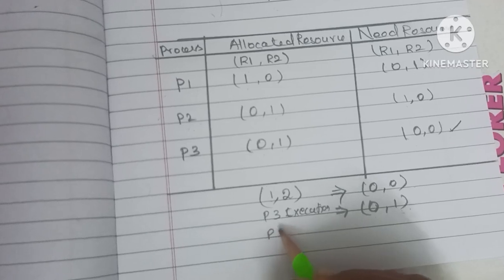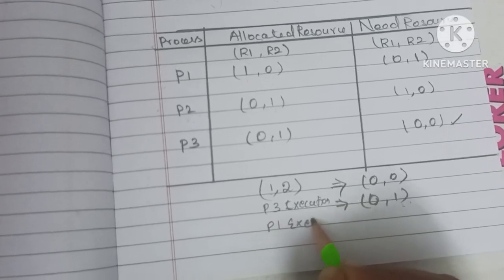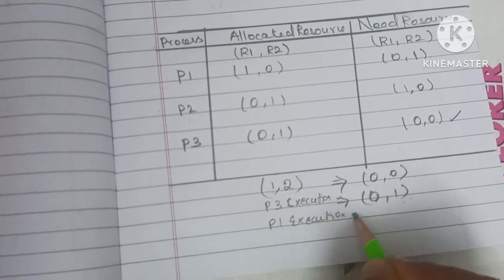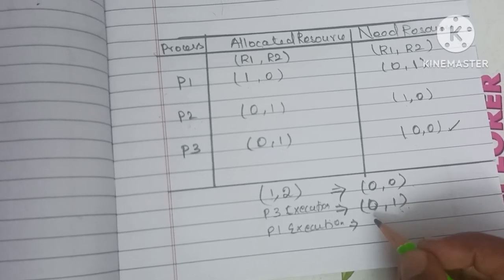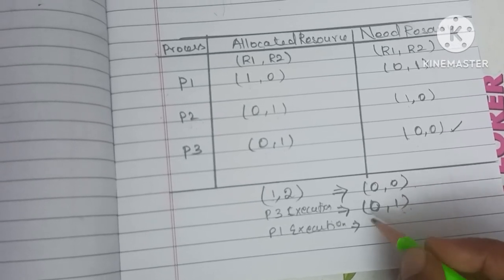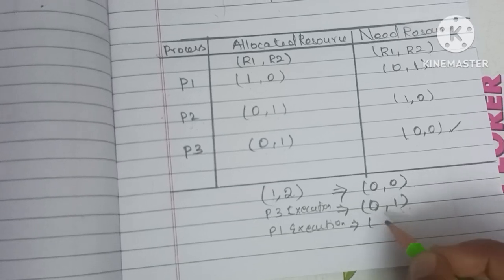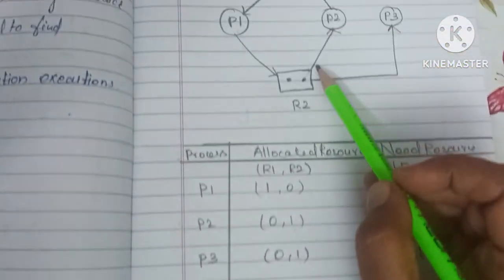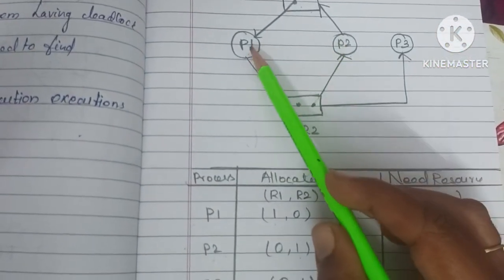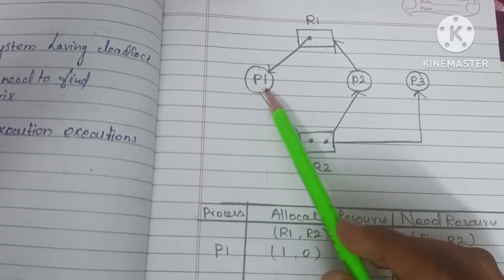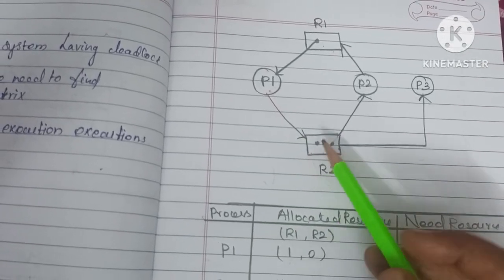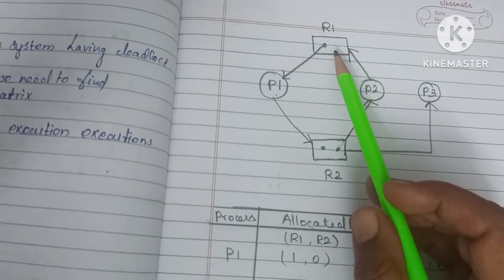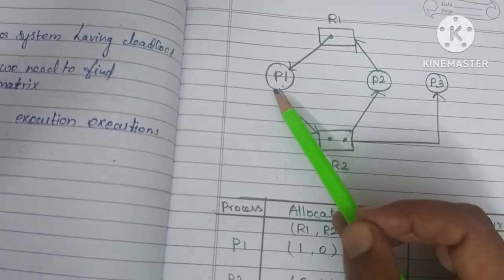After P1 execution, we get the one instance of R2 and additionally one instance from R1.